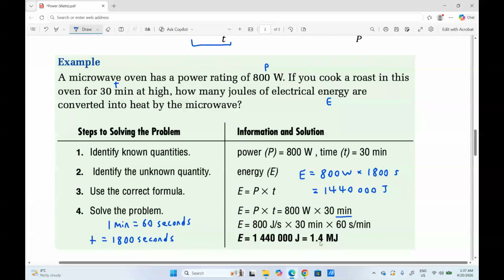Now here in the example, they got the same answer as us. However, to simplify this and make it have less zeros, because on like a label, you don't want to carry so many zeros, they changed it to millijoules. There's nothing wrong with what they did as long as they do the conversion correctly.